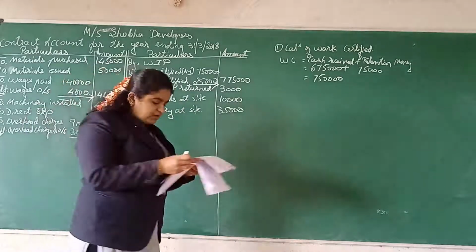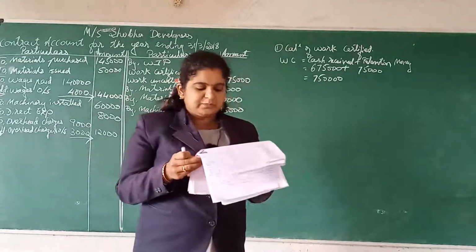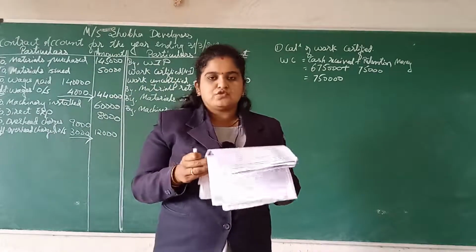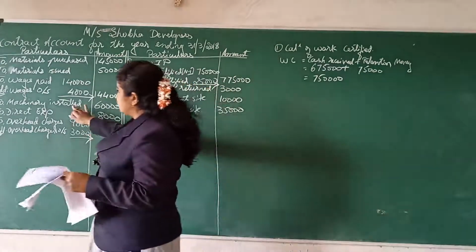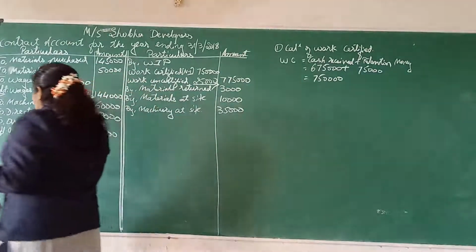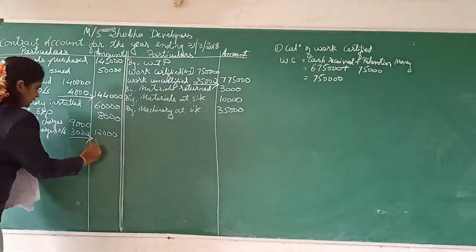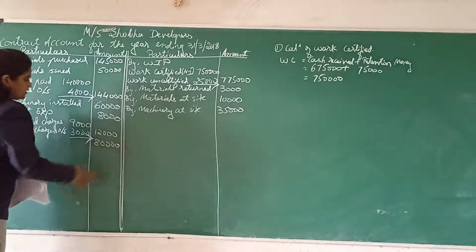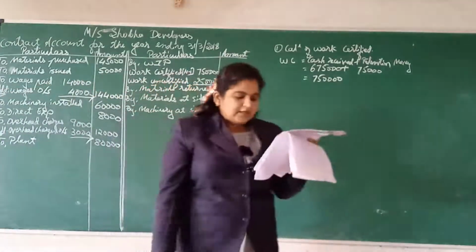Okay. Now, besides machinery, a plant costing rupees 80,000 used for 3 months. Okay. Now, apart from this machinery, they have installed plant also. Debit side to plant. Amount is 80,000, which is used only for 3 months. Okay.